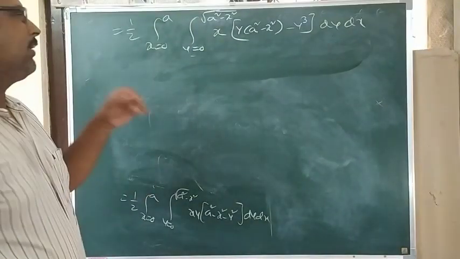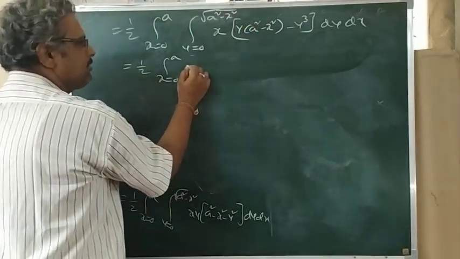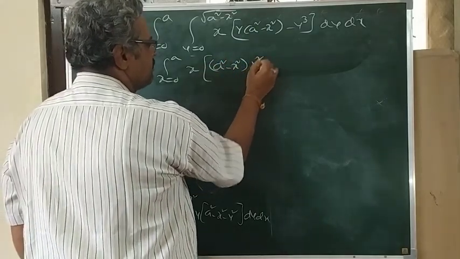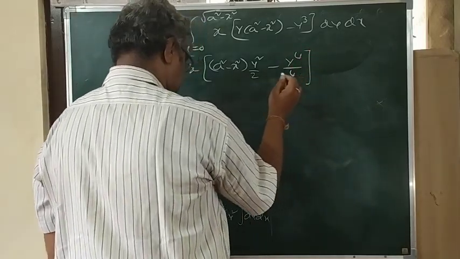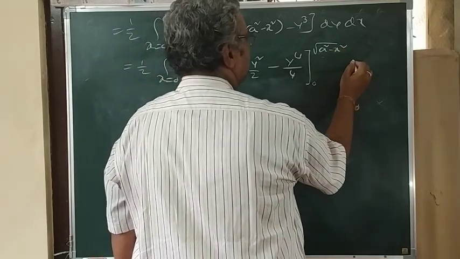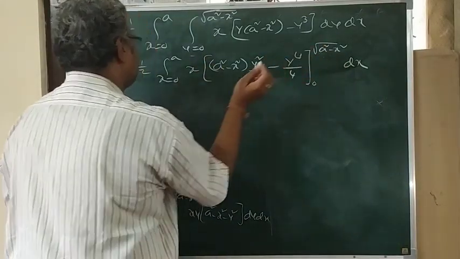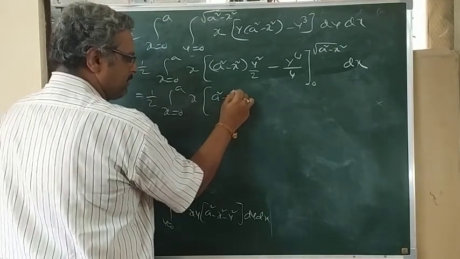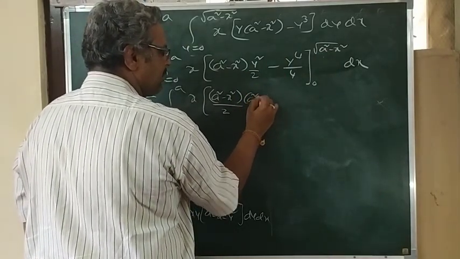Now integrating with respect to y: 1 by 2, x from 0 to a, x into (a square minus x square) times y square by 2, minus the integration of y cube, which is y power 4 by 4, from 0 to root over a square minus x square, dx. Now substitute the limit y equals square root of a square minus x square, then what happens? y square is a square minus x square.